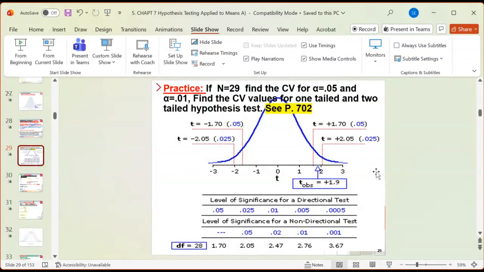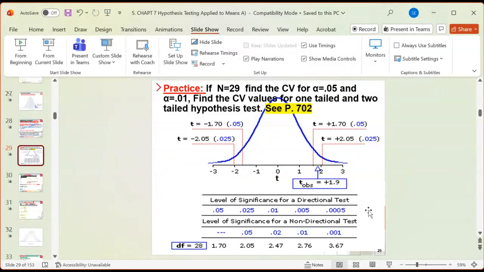So again, this is just like what we did with the z-score. You need to look on page 702. I highlighted it, and know whether you're using one tail or two tail, directional or non-directional.